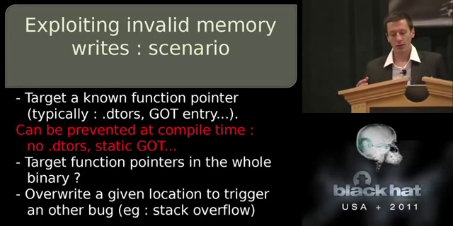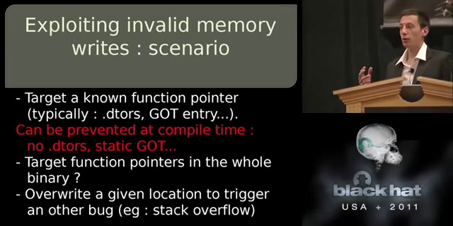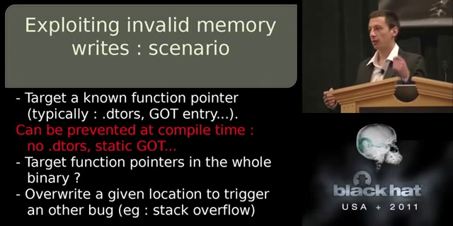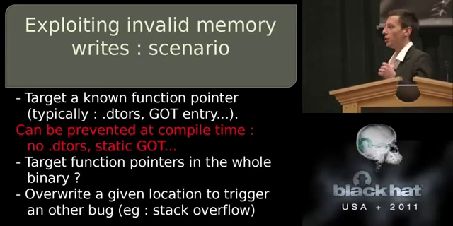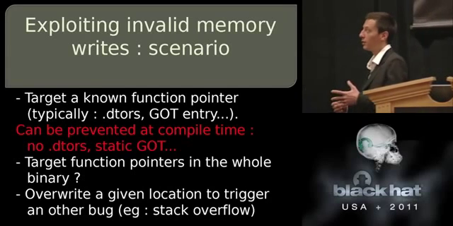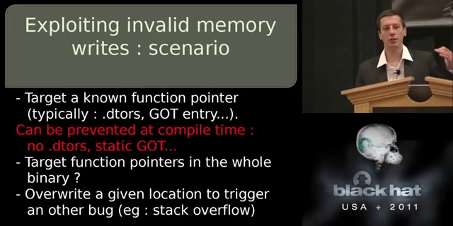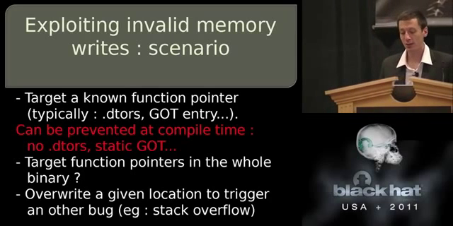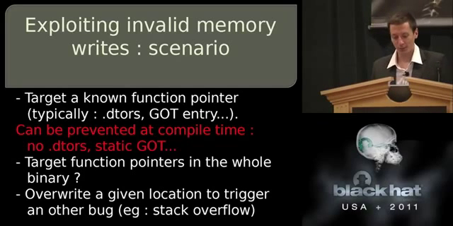Thing is, this takes a lot of reverse engineering. Typically, if you could trigger a bug which creates an invalid memory write, you would single step inside your debugger to try to find a dereferenced function pointer. If the application is pretty big, you'll just never find it. This is not scalable. So we need to find something better.